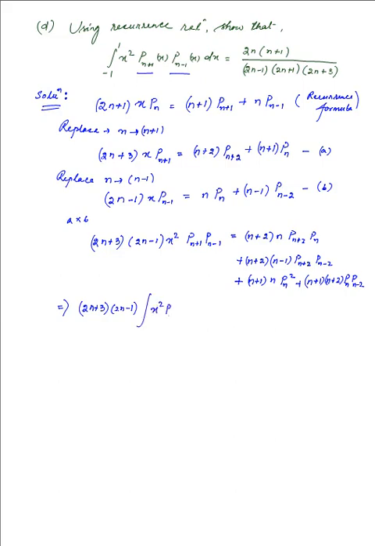Now because these Legendre functions are obviously polynomials depending on x, it's better to give an x to them, and this is dx, and this is from minus 1 to 1.